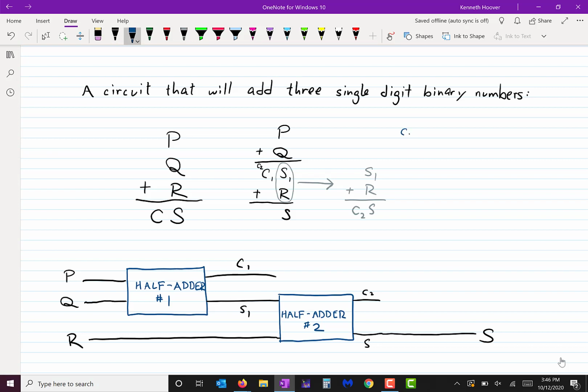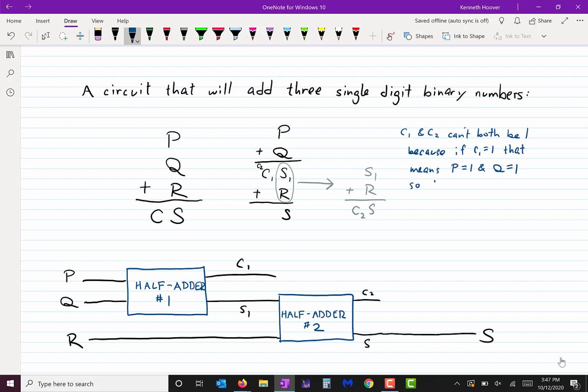So C1 and C2 can't both be 0. Sorry, I meant to say they can't both be 1. Because if C1 was a 1, that means that P and Q had to both be 1 to start with.